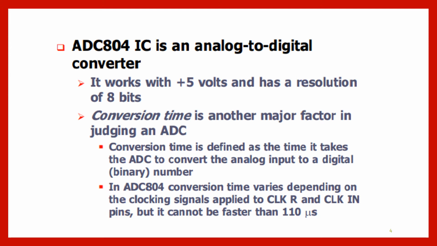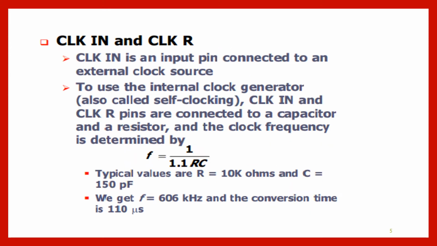We are going to connect an external RC, where R is 10 kilo ohm and C is 150 picofarad, which gives approximately 110 microseconds conversion time. Here the clock pin is connected to an external clock source, and if it uses the internal one, it is called self-clocking operation.